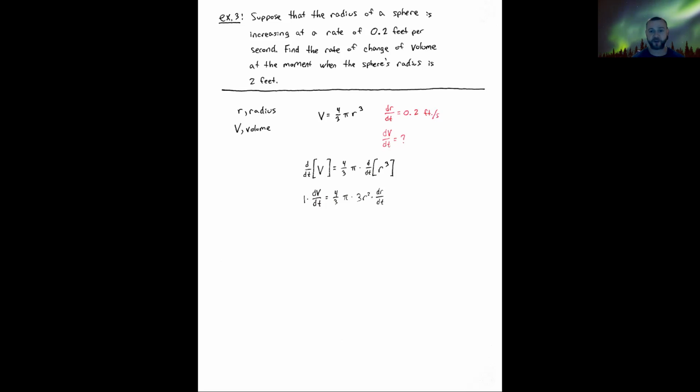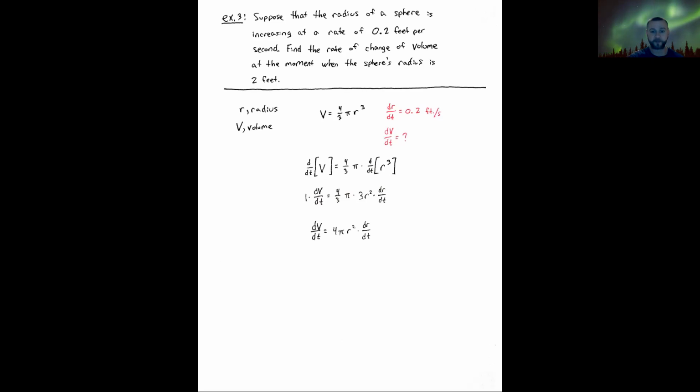And on the right side, the derivative of r cubed is 3r squared times dr over dt. All right, from here, it's just a matter of solving for dV over dt. We can clean that up a little bit. Notice the factors of 3 cancel out. And we get this nice expression for the rate of change of volume with respect to time, 4 pi r squared times dr over dt.